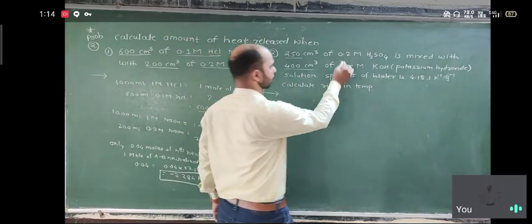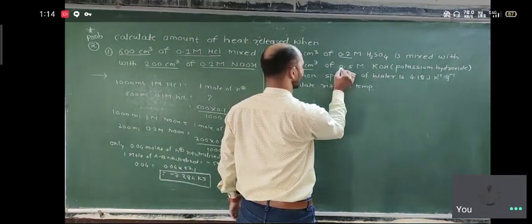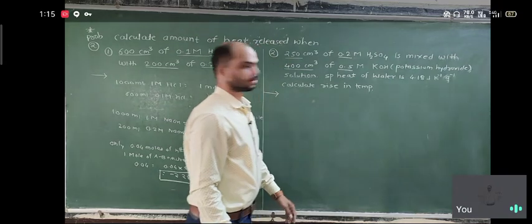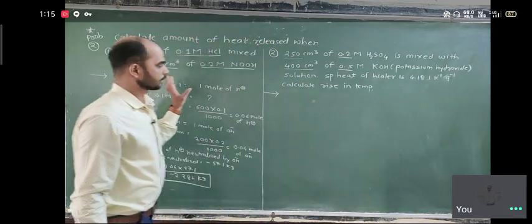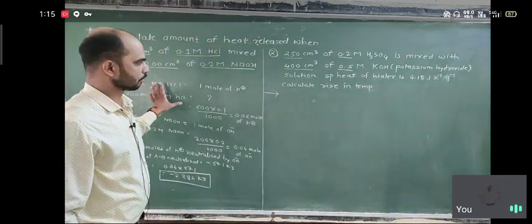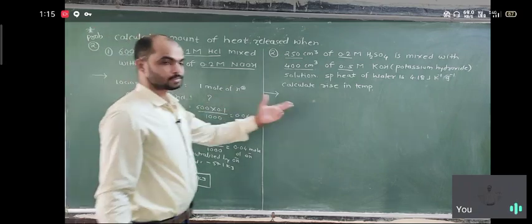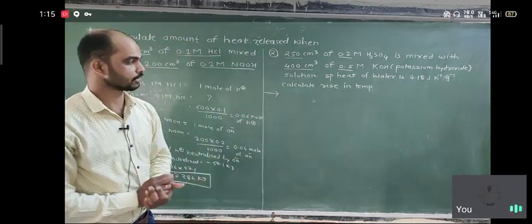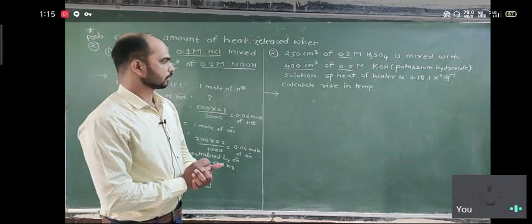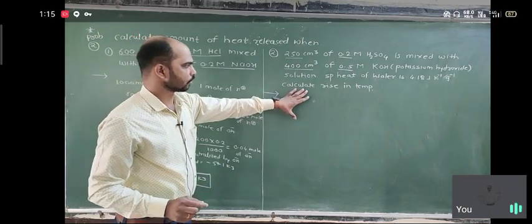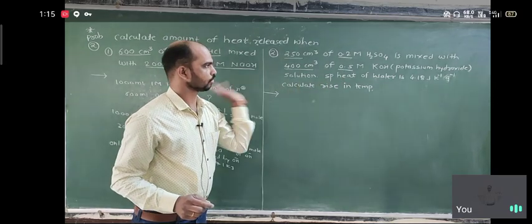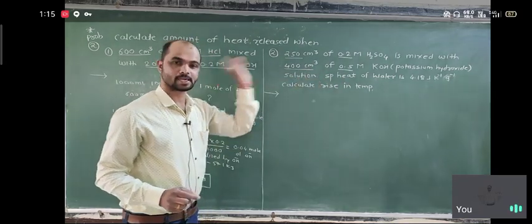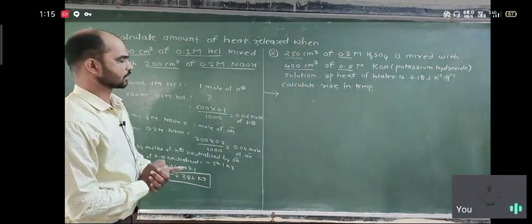The concentration of H2SO4 is 0.2 and the concentration of KOH is 0.5. We solve it the same as the last example, but something changes here. What? The specific heat of water is given, and we have to calculate the rise in temperature. So this is the same as the last lecture's problems.